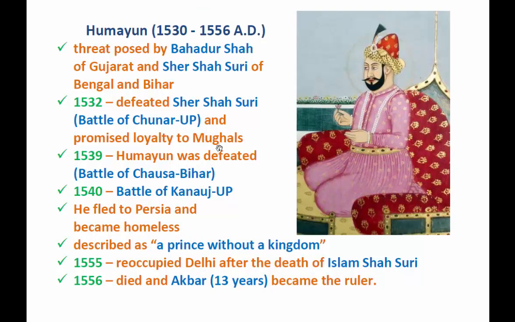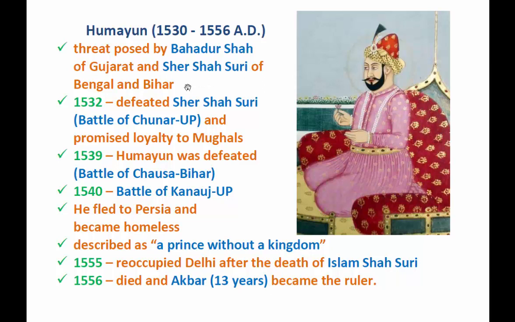Humayun was the successor of Babur, as well as his son. He ruled from 1530. After the death of Babur, there were many threats, especially posed by Bahadur Shah of Gujarat and also Sher Shah Suri of Bengal and Bihar.